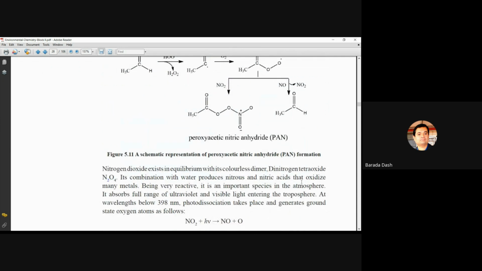PAN is a very toxic chemical species that causes respiratory problems and other problems when we inhale it, and it is a part of photochemical smog.